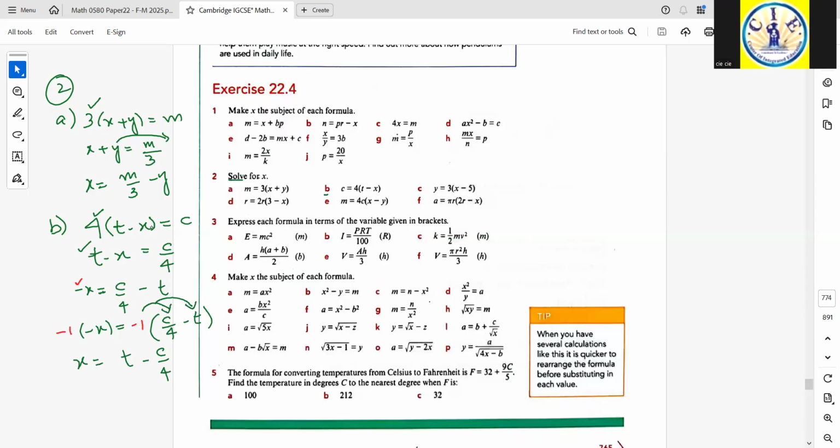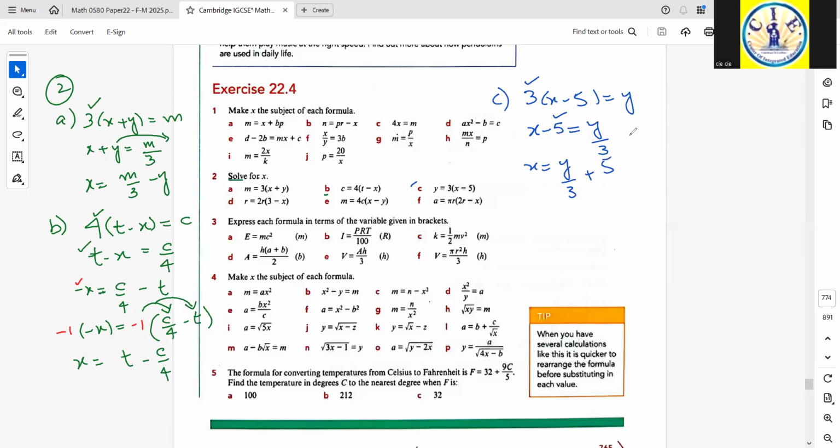Okay. Then for part C, let me shuffle the sides first. Then I'm going to shift this 3 to the right side, y divided by 3. And then I'm going to shift this -5 on the other side to have it like this.